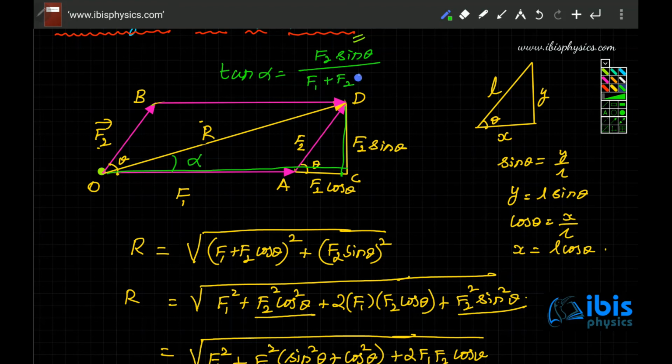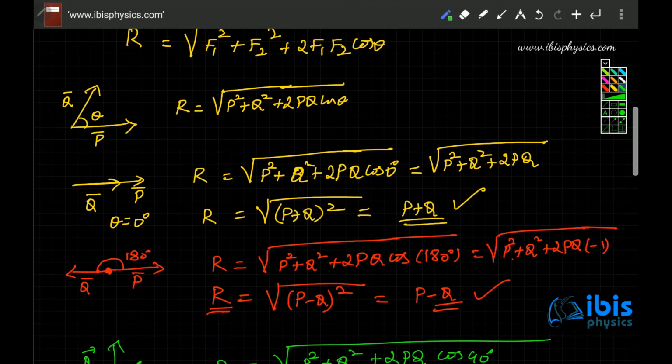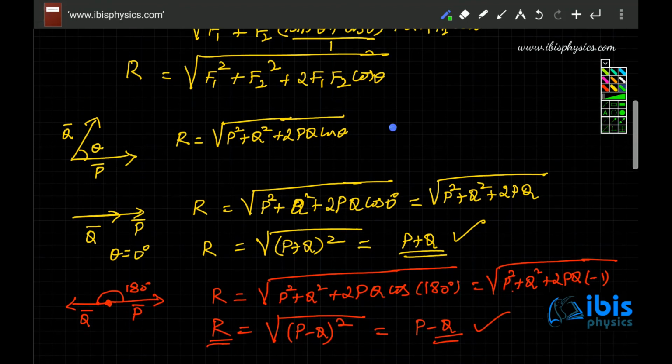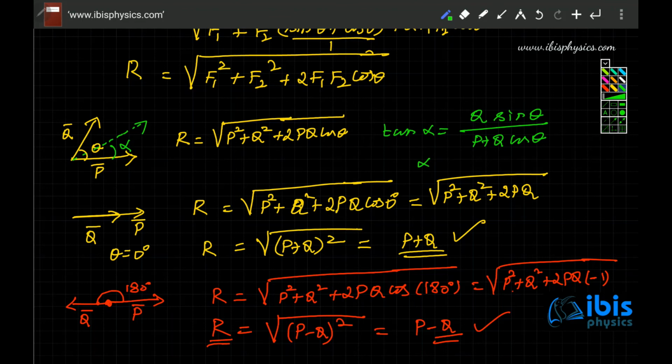If we generalize that as P and Q, the direction of the resultant vector with respect to this vector is tan alpha equal to Q sin theta by P plus Q cos theta, or alpha equals tan inverse of Q sin theta by P plus Q cos theta.